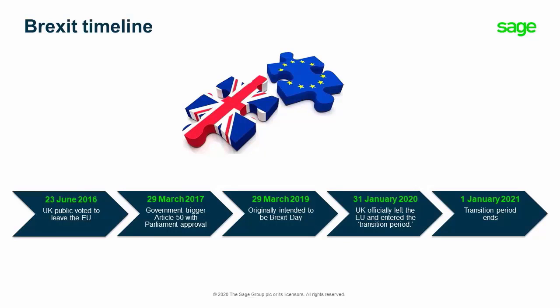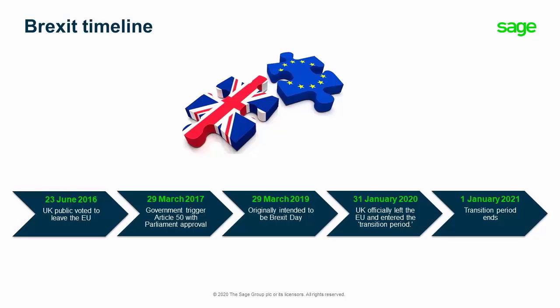Just to cover a little bit of the timeline on this, because the process started approximately 4.5 years ago now, on the 23rd of June 2016, when the UK public voted to leave the EU. The following March, 29th of March 2017, the government triggered Article 50, which is an EU treaty that sets out how EU states can leave the EU with Parliament approval, thus starting the 2-year countdown to the 29th of March 2019, which was originally intended to be Brexit Day, when the UK would leave.